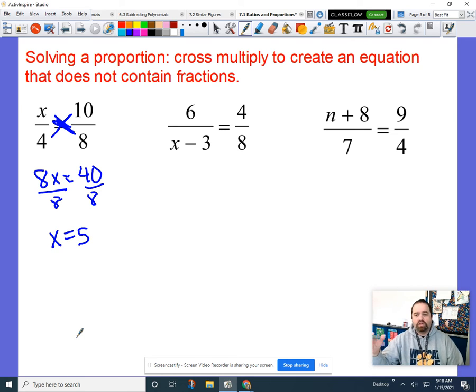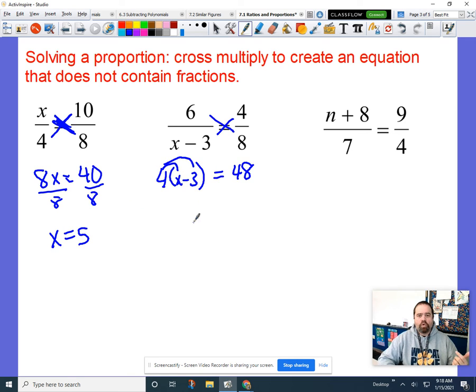These next two are a little bit more complex. Again, they're not super hard. What you're going to have to do is kind of think a little bit on these when you multiply. When you multiply 4 times this denominator, x minus 3, you need to treat that x minus 3 as if it's in a set of parentheses. And then 6 times 8 is 48. You will have to do one extra step here where you have to distribute your 4 in to get 4x minus 12.